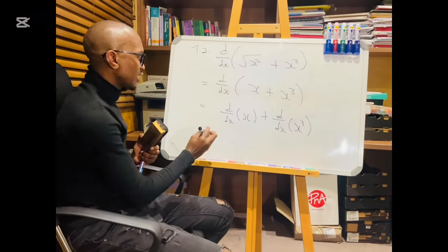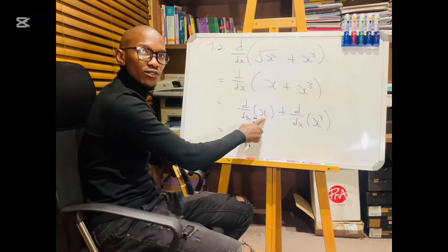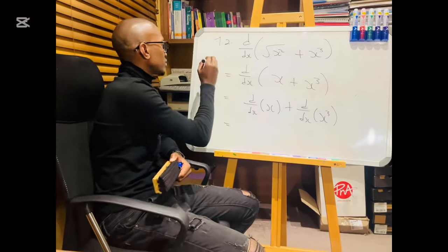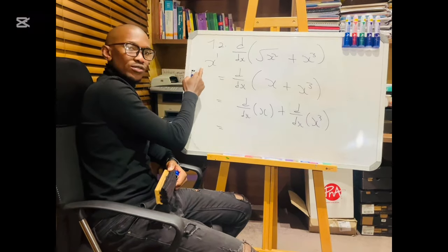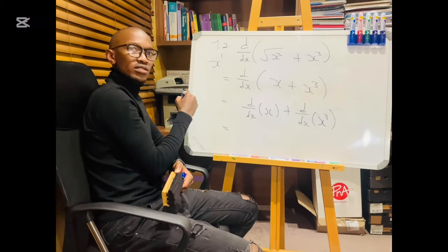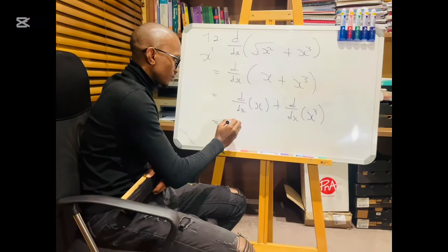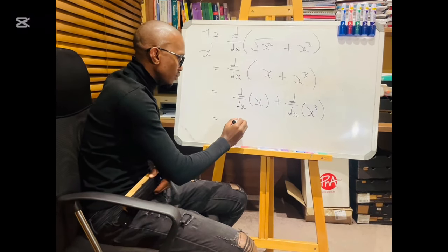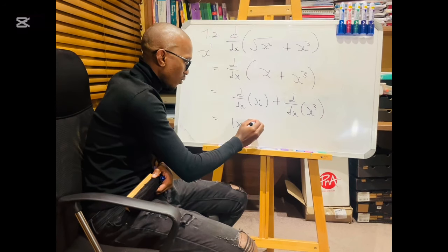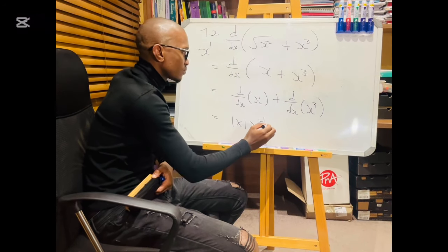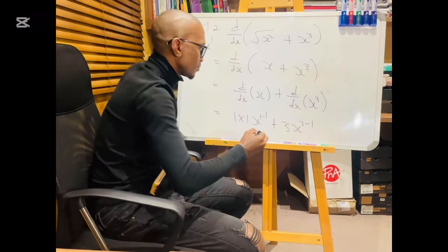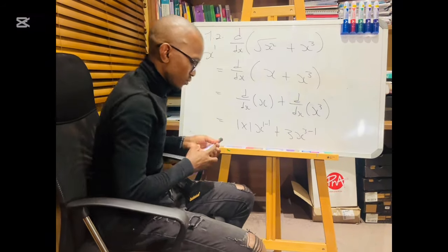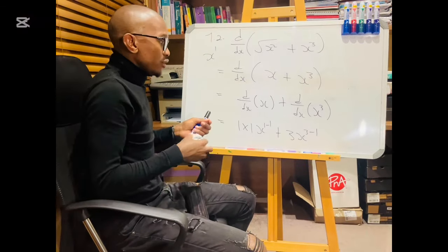Then I'm going to apply the power rule. What is the derivative of this one? Remember, x has an exponent of 1, and the coefficient of x is 1. 1 times 1 is 1. So I'm going to have 1 times 1, and then x to the power 1 minus 1, plus 3 times x to the power 3 minus 1. I know it's 3 marks.